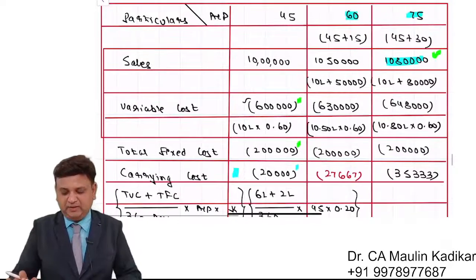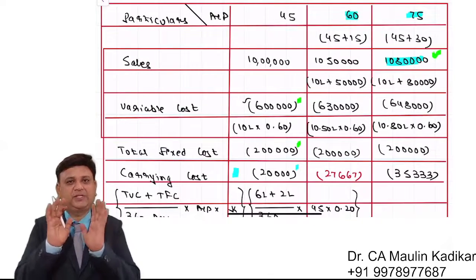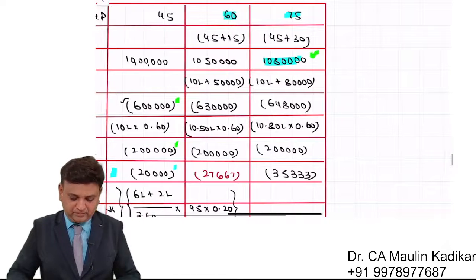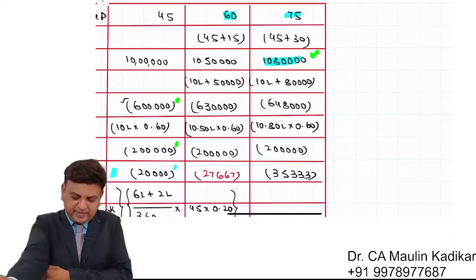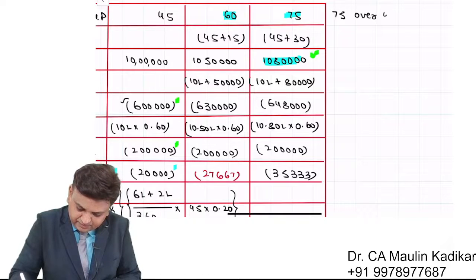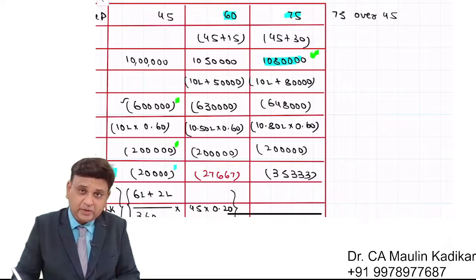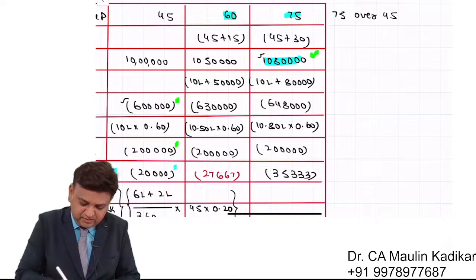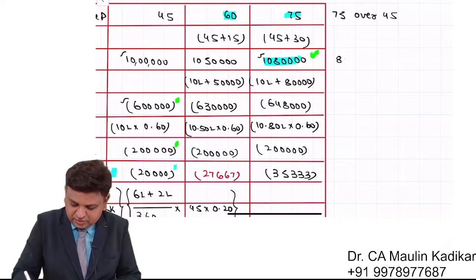See, the question is over. Now some extra explanation I am giving. Now when you make a comparison of, let us say, 75 over 45, you can see that the sales of the company increases by 80,000.